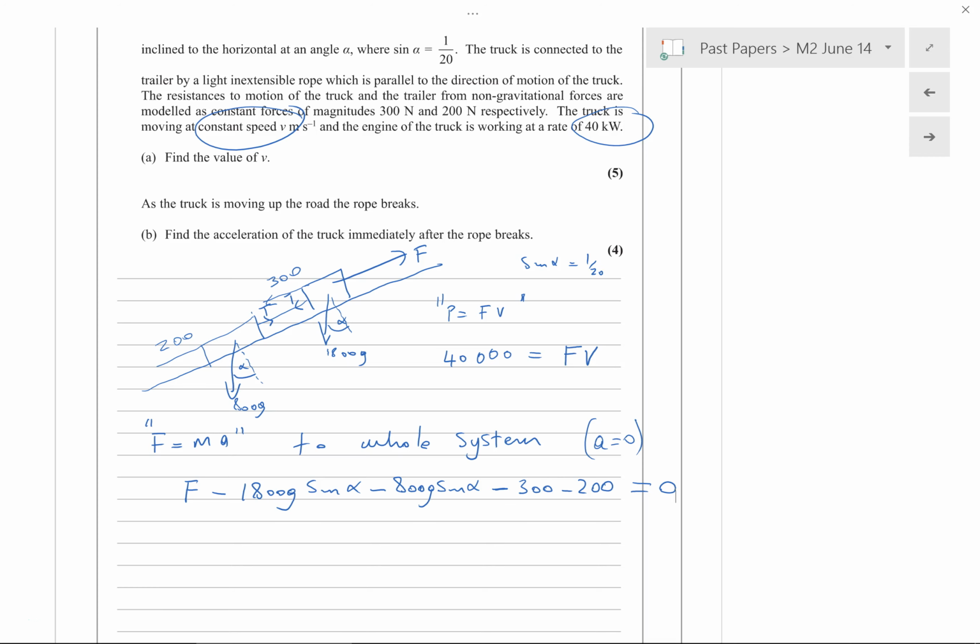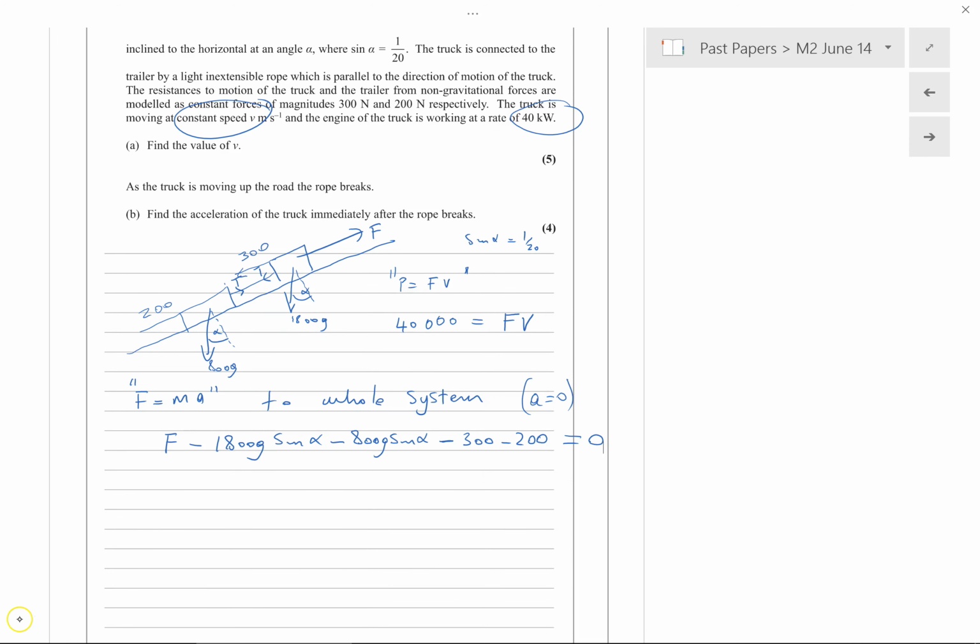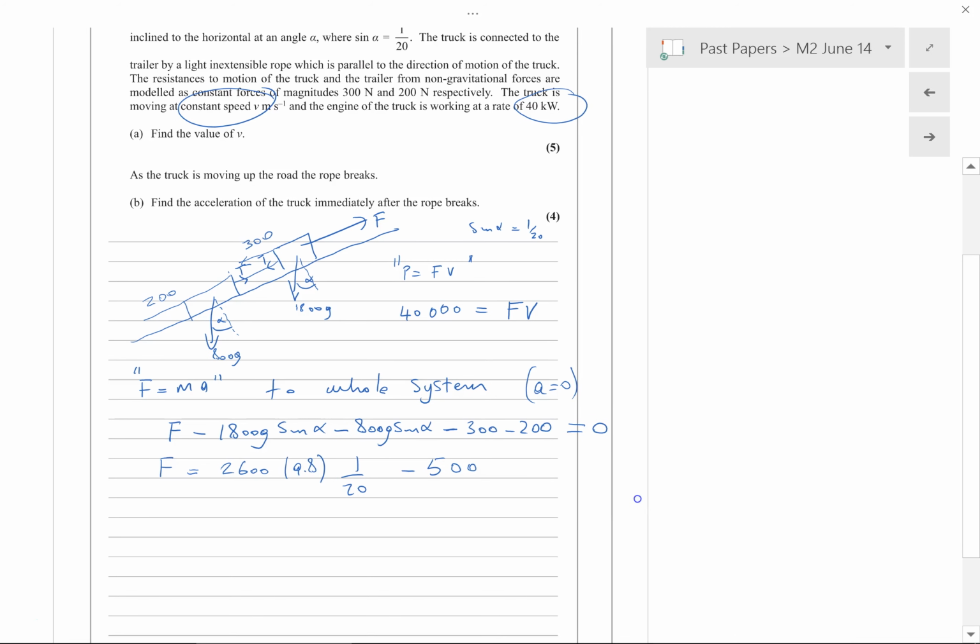Let's just work through with this. Okay, old habits die hard. As I say, I'm not going to use a calculator. We've got F is equal to, these two combined are 2,600 g for a start. So that's 2,600 times 9.8 times 1 over 20, because that's sine alpha, plus 500, of course, plus 500.